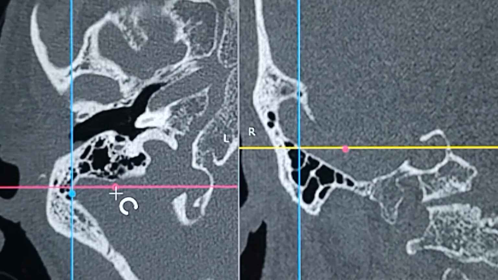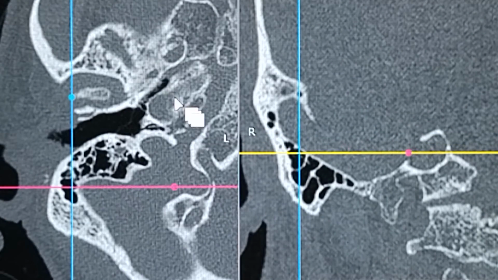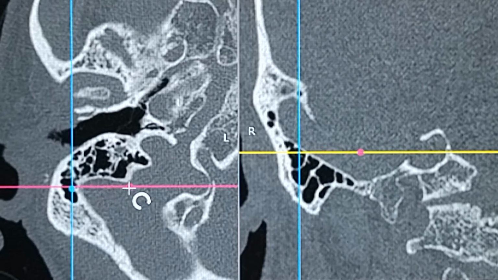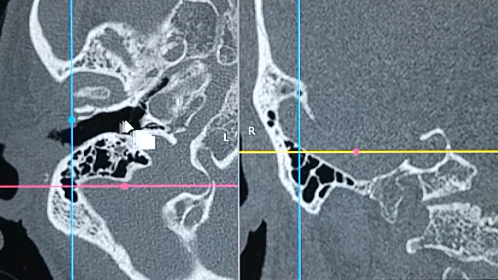One is the internal carotid artery, the entire course which we just saw, and the dehiscence of the ICA in the middle ear. The second is the IJV, that's the jugular bulb, and the third is the sigmoid sinus. These are the three vascular structures which we saw from below to above.